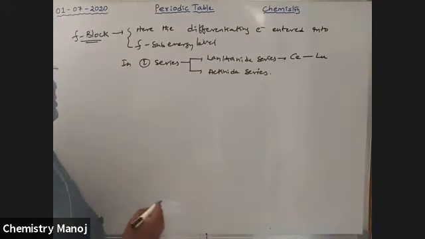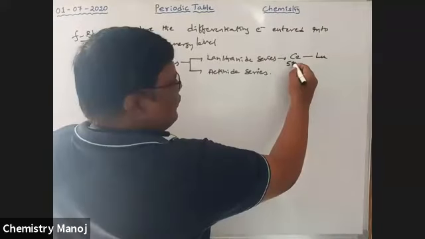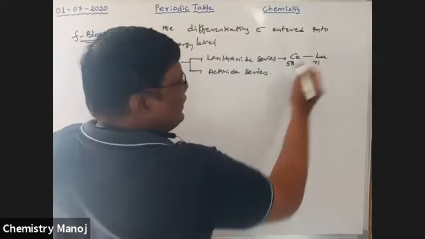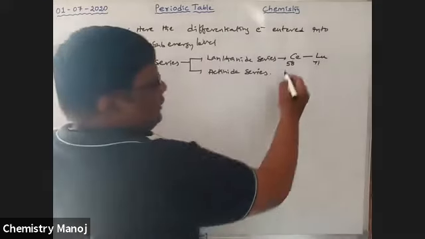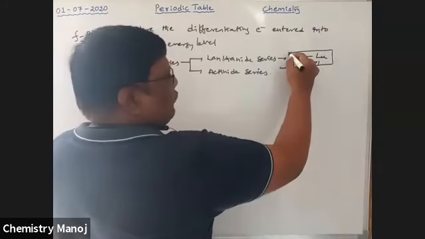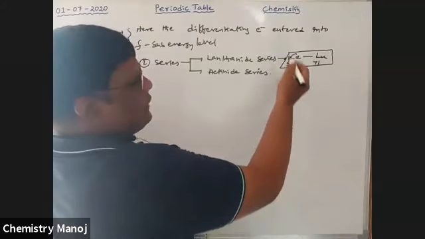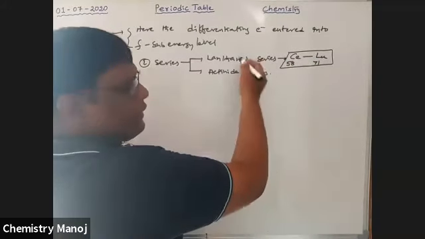Cerium's atomic number is 58 and lutetium's is 71, so 58 to 71, a total of 14 elements. In all these cases, the differentiating electron entered into the F orbital.